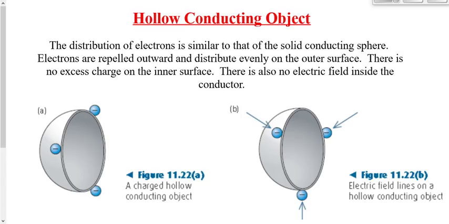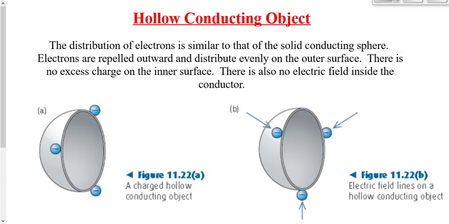Notice in 3 of the 4 diagrams, they're evenly distributed. In the one, they're not. When the shape is uniform, they're nice and evenly distributed. When the shape is a little more pointy, not so evenly distributed. But the excess electrons always go to the outer surface, no matter what the shape is.